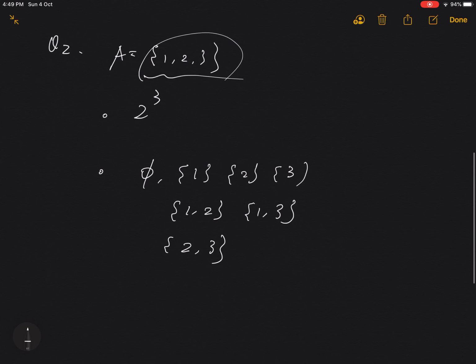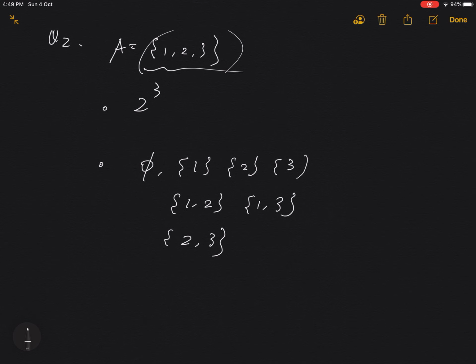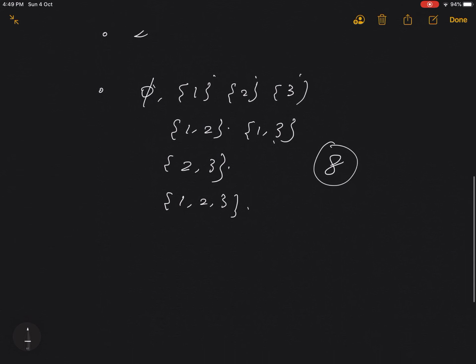If we choose 3 elements out of 1, 2, 3, we will have {1, 2, 3}. Okay, so we will have 1, 2, 3, 4, 5, 6, 7, 8. Yeah, so we have 8 to denote the cardinality of the power set of A.